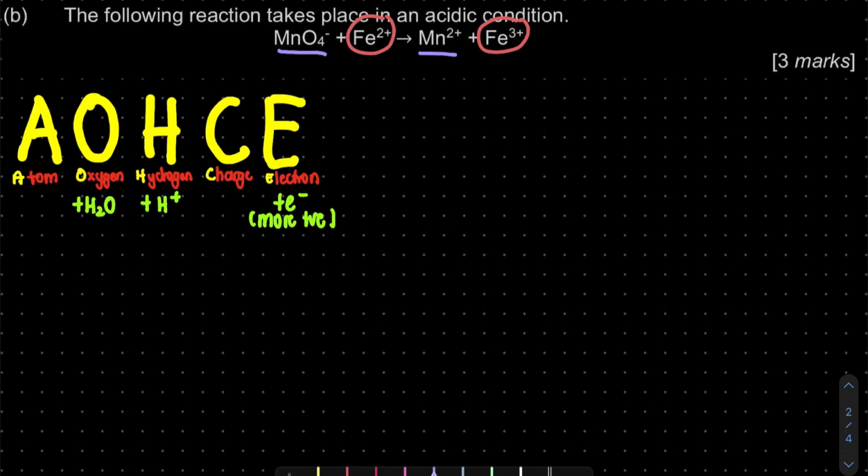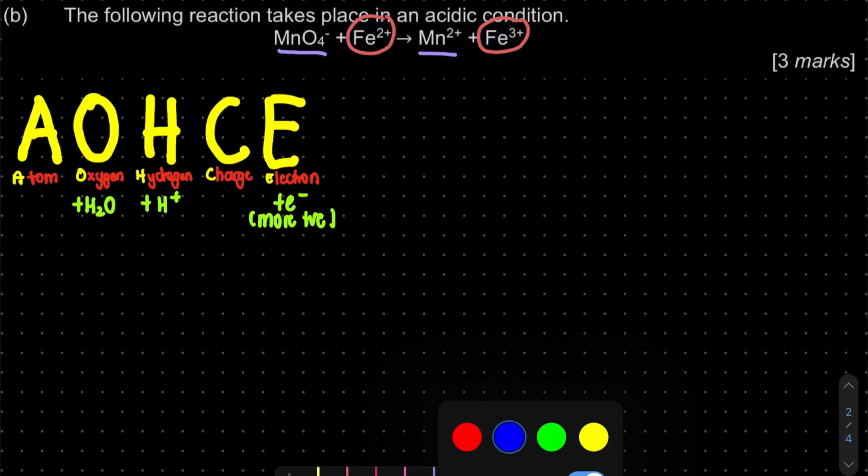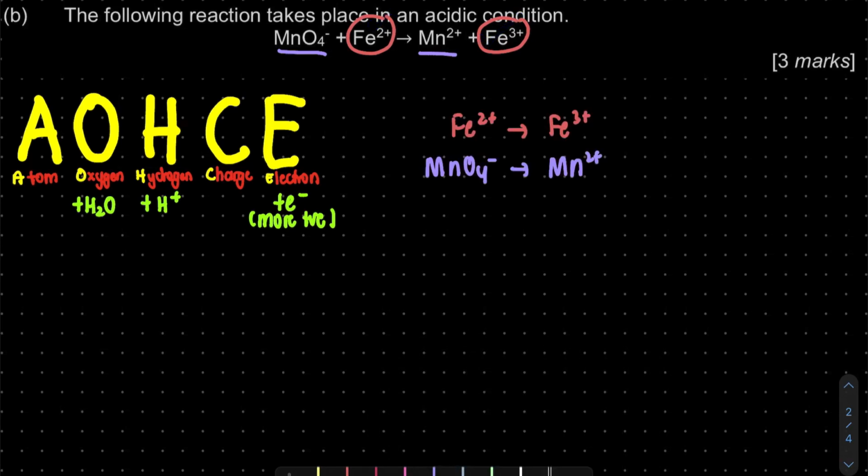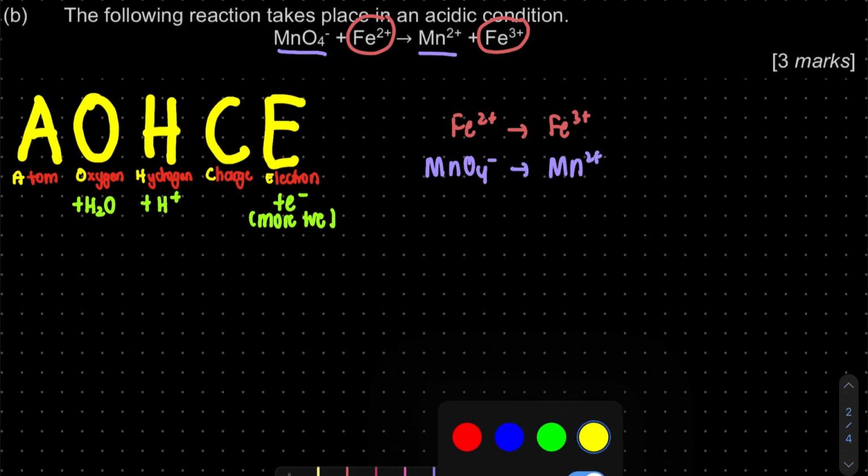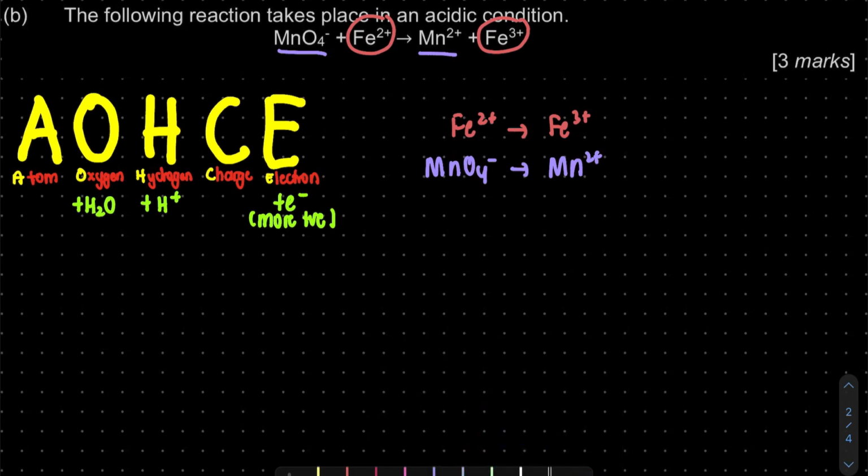So first, I'm going to write the separate equation for these species. Okay, so this is the equation. Next, I'm going to balance it out in terms of atoms. So first I'm going to settle this equation first. The ferrum 2 plus will become ferrum 3 plus.